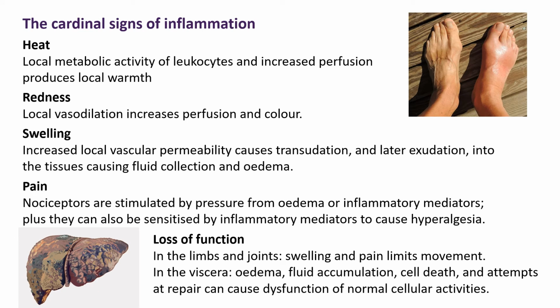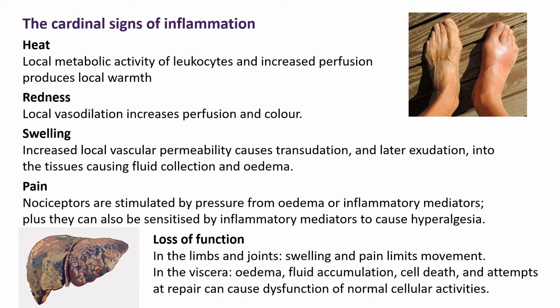But in terms of inside us, in the viscera, in the tissues we can't see, we also have loss of function. So potentially things like edema, fluid accumulation. Imagine fluid filling up the alveoli. What's going to happen to gaseous exchange?